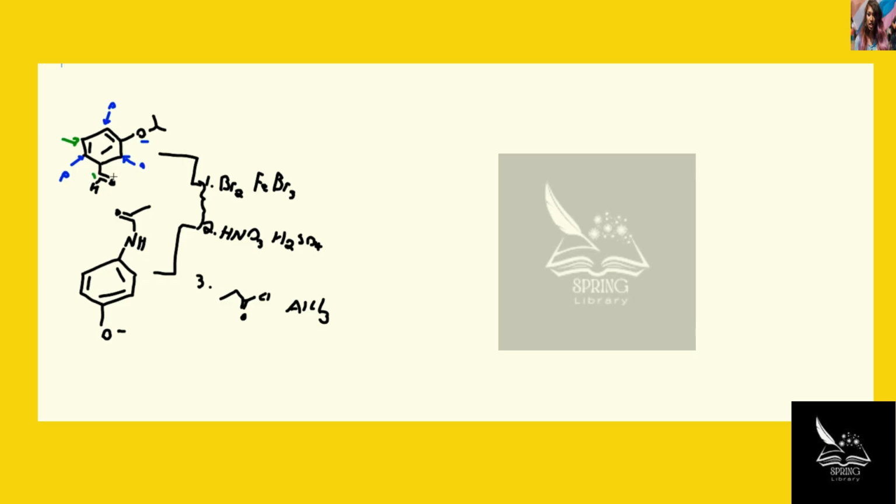However, in terms of the strength of the directing group, because of the resonance that can be formed with this oxygen causing a full negative charge in the benzene ring, this alkoxy group is a much stronger directing group. So the ortho and para direction is going to outweigh the direction of this electron withdrawing aldehyde group, and we will follow the ortho and para direction of this alkoxy for all of our reactions.